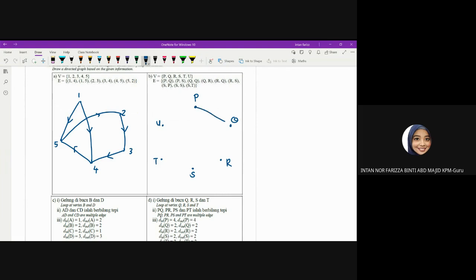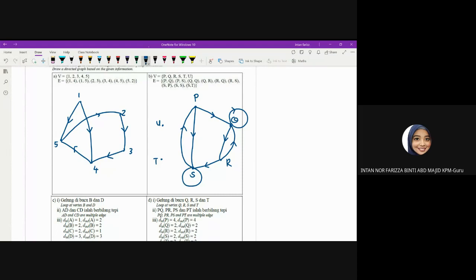So PQ. PS. QQ. Okay, for QQ, there's an arrow here. QR. RQ. QR, RQ, multiple edges with different direction. Next is RS. SP, multiple edge.